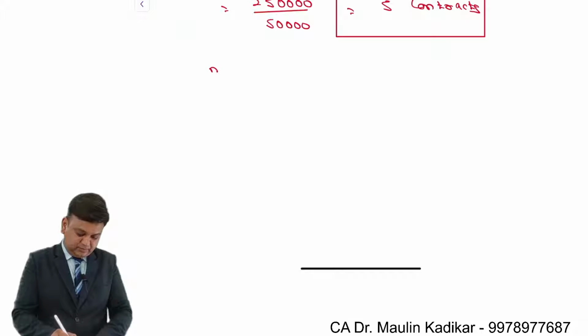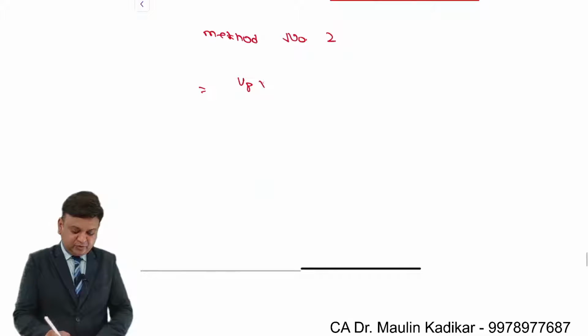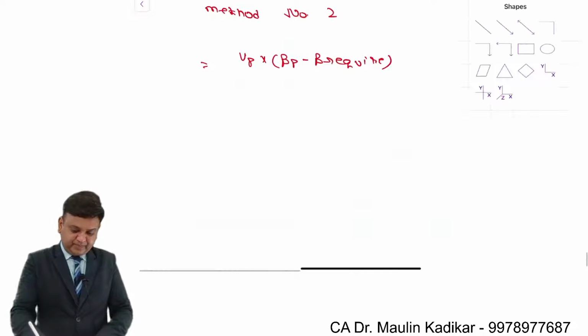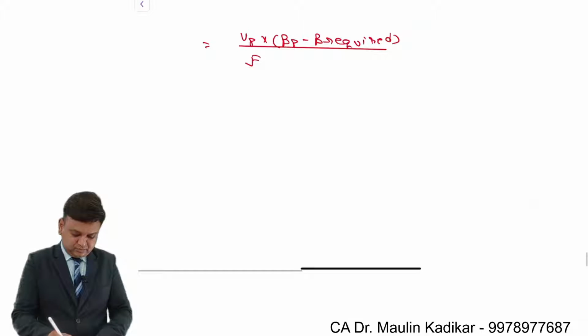Method number 2: value of the portfolio into (beta of the portfolio minus beta required), divided by futures index value into lot size.